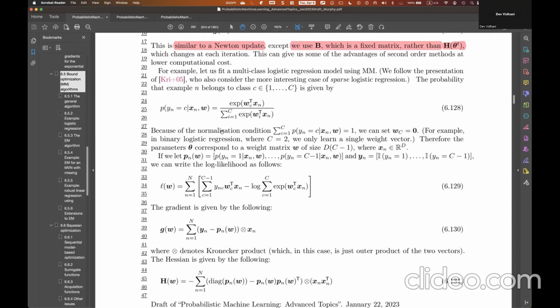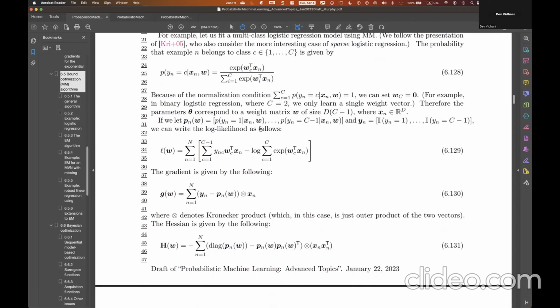Just like binary logistic regression, you need one less parameter. Essentially we're talking about how to model the loss in this case. The reason they have C-1 is because the last category's probability is automatically known once you have the other probabilities, since they all sum up to 1.